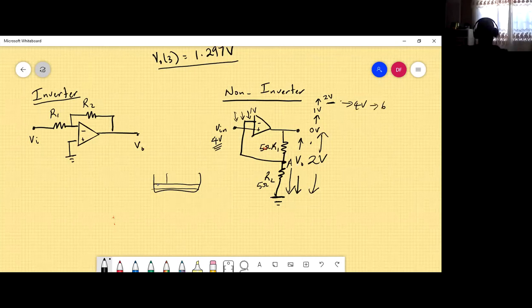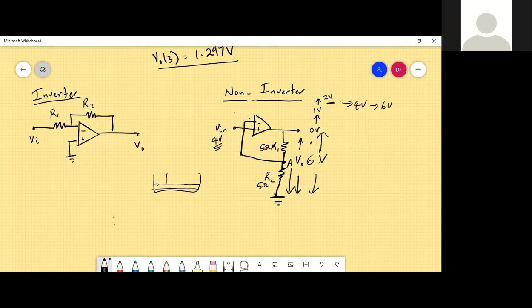So when I'm at 6 volts, what would the voltage at the inverting terminal be? 3.